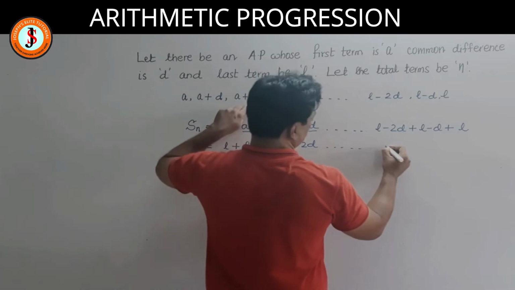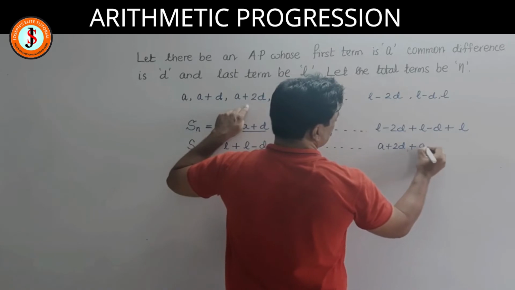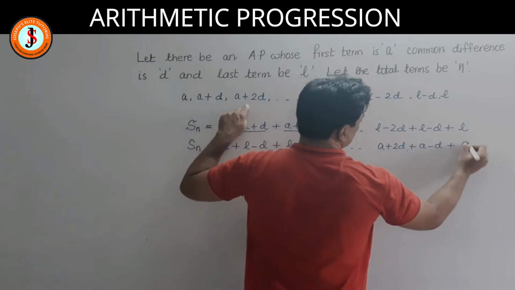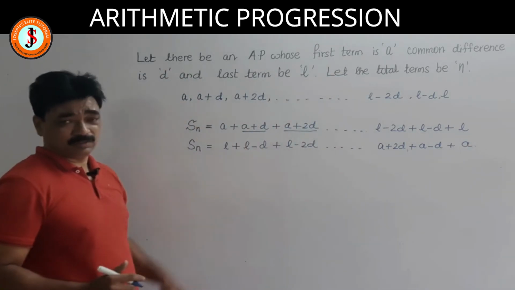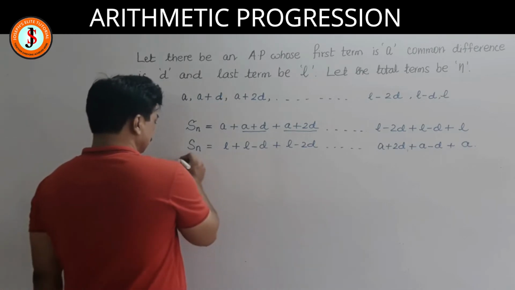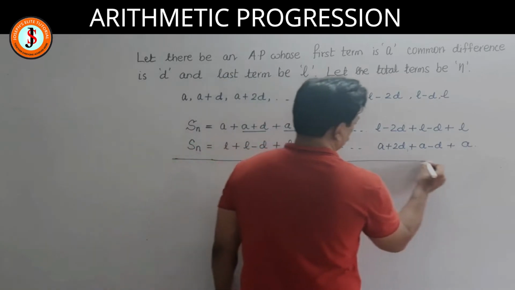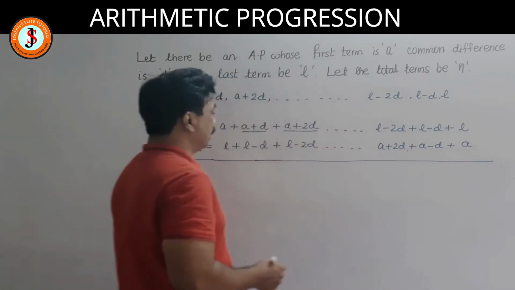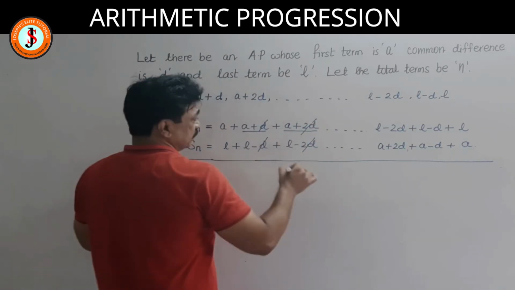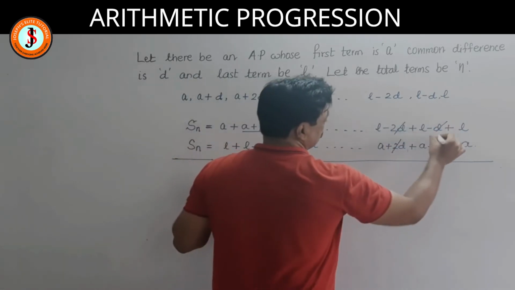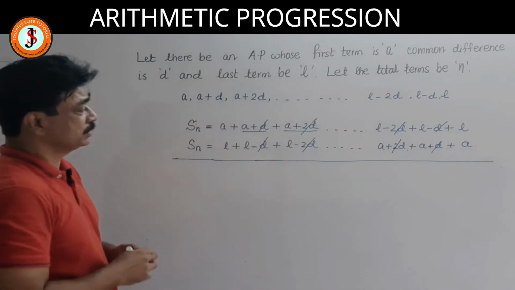Either the sum is added this way or this way, but what I will do is add up. So the D's cancel, this is cancelled, this is cancelled, here there will be A plus D, this is cancelled, and so on.